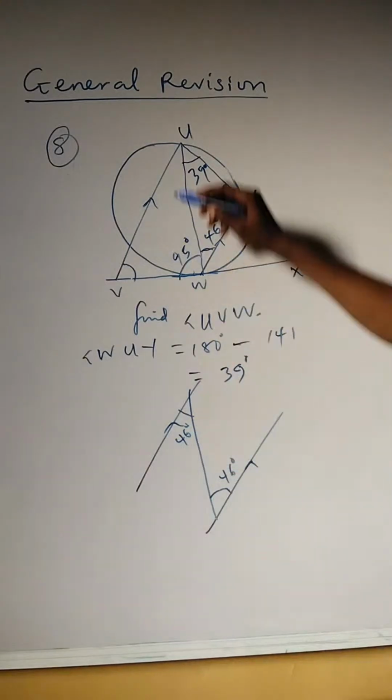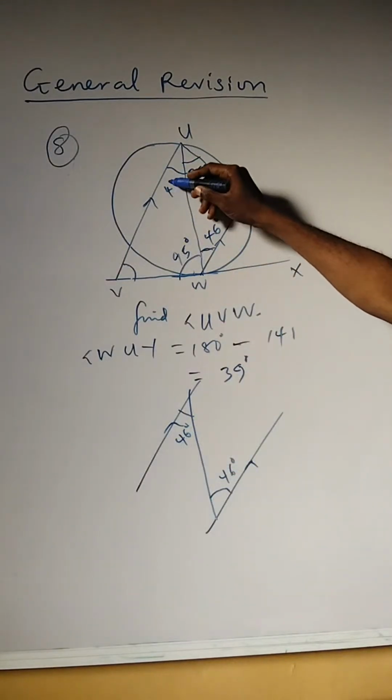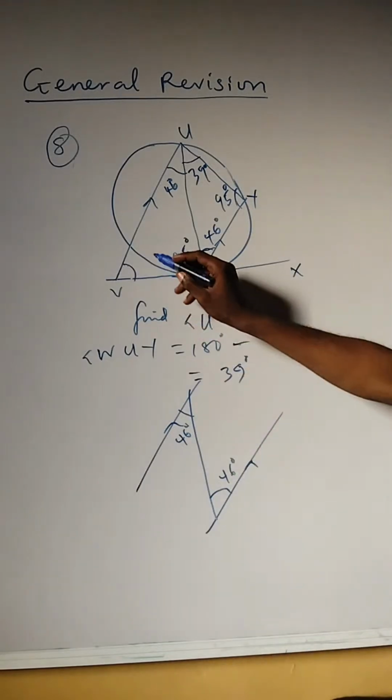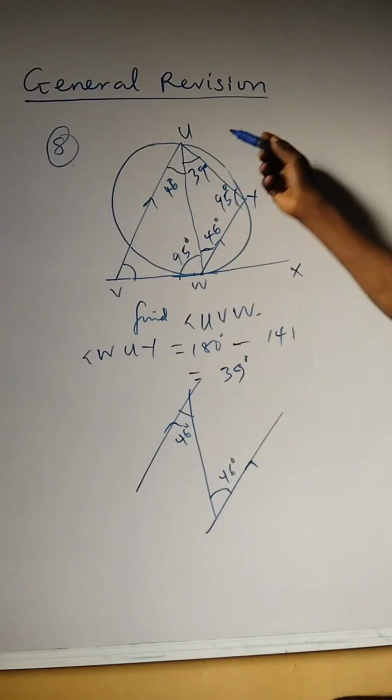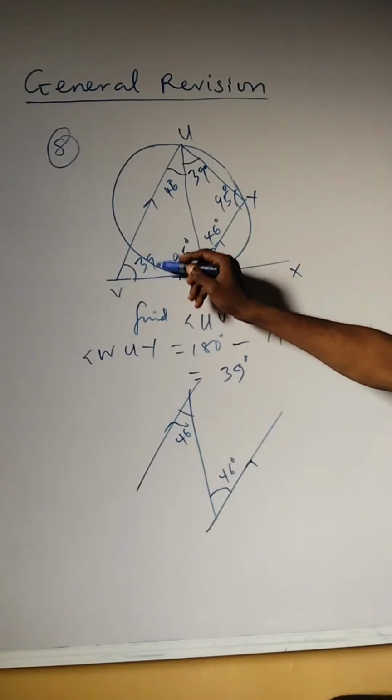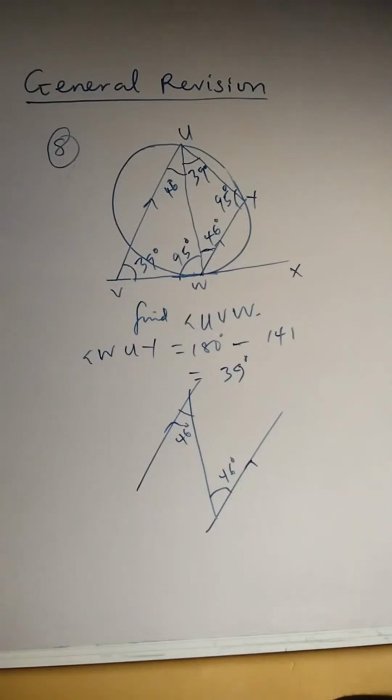Alternate angles are equal. So this angle is 46. Actually, this angle will be 39, because I've already calculated that earlier using the sum of angles in a triangle. So the angle we are finding now is simply 39 degrees.